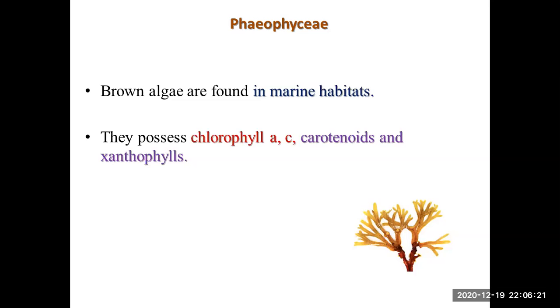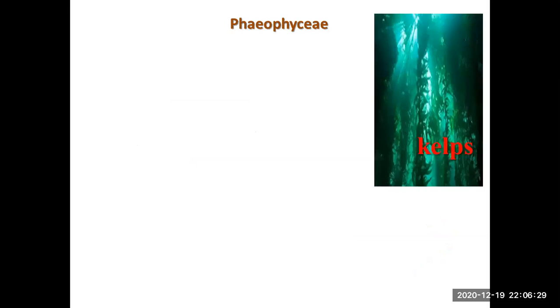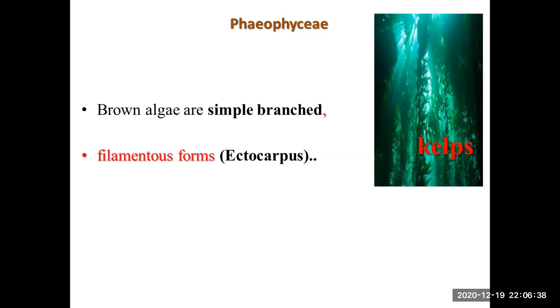Brown algae are found in marine habitats. So brown algae are simple branched, filamentous, example is Ectocarpus, and massive trees, example is kelps. So they grow up to 100 meters.